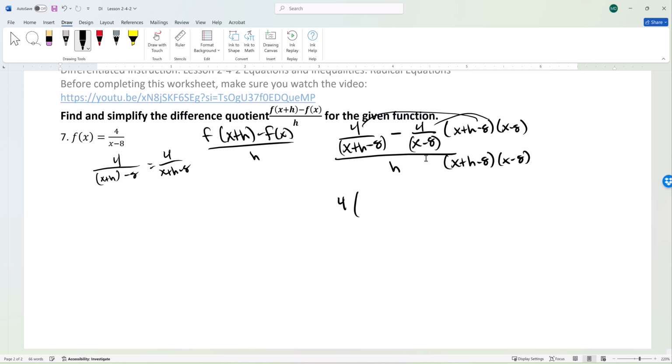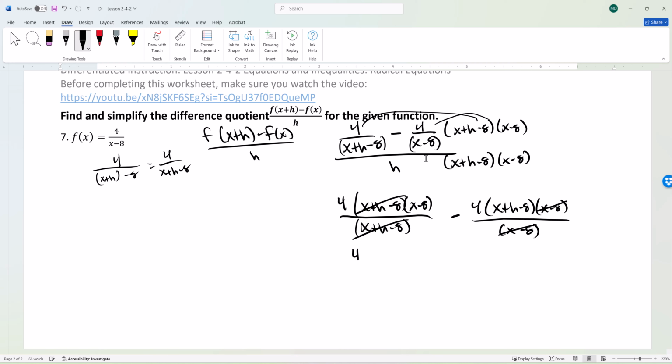So you get 4 times x plus h minus 8 times x minus 8 over x plus h minus 8 minus 4 times x plus h minus 8 times x minus 8 over x minus 8. Those cancel out. Those cancel out. So you get 4 times x minus 8 minus 4 times x plus h minus 8.